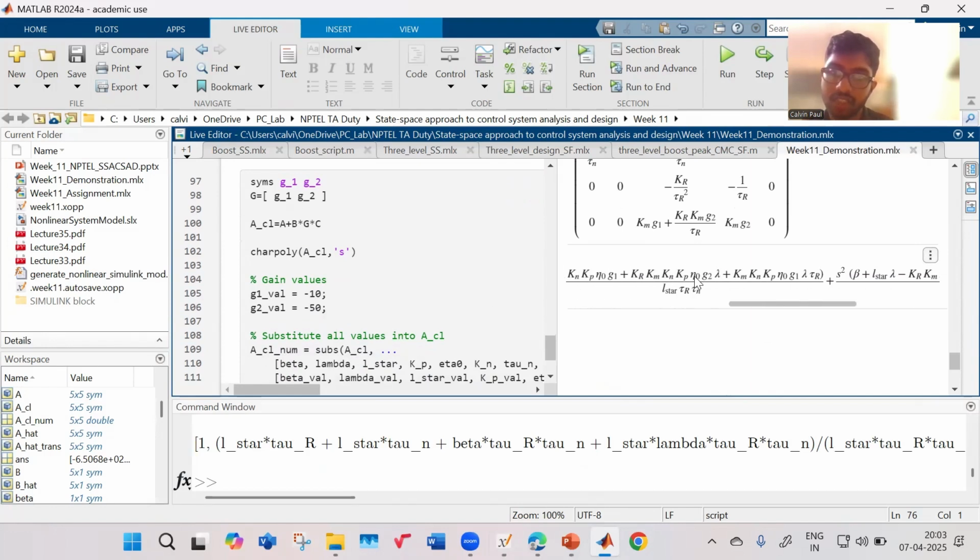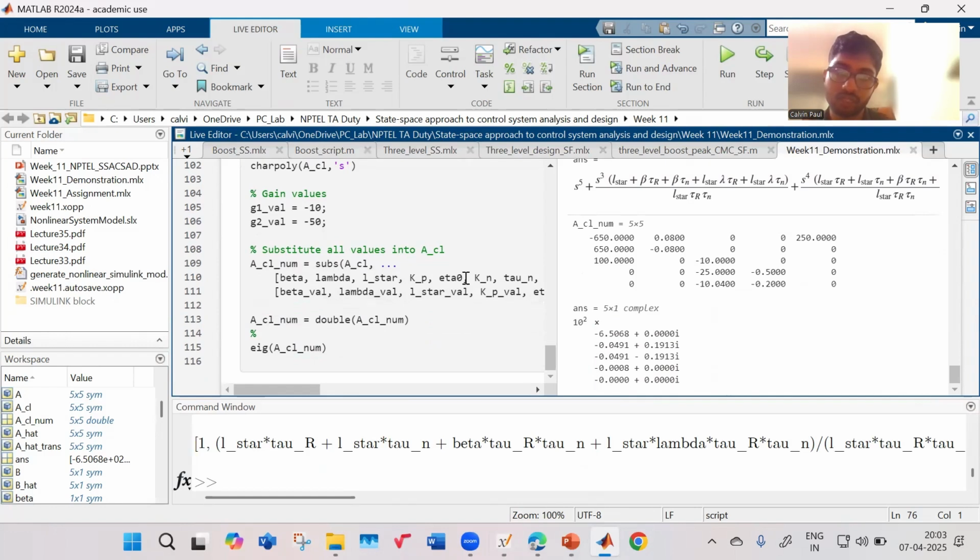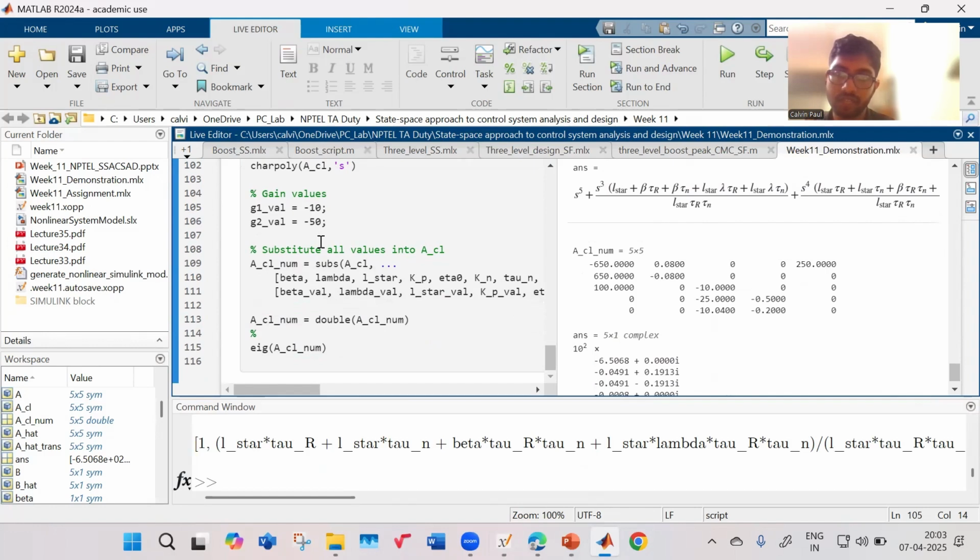The coefficients of the S raised to 5, S raised to 4 and S raised to 3 terms we cannot change. Okay, and then we selected certain values of G1, G2.